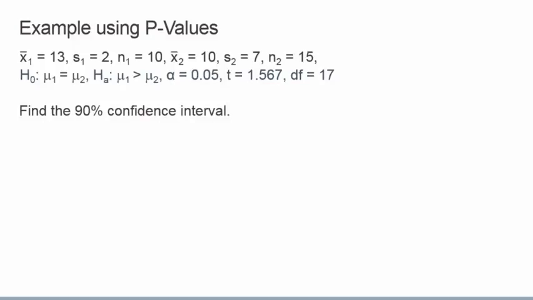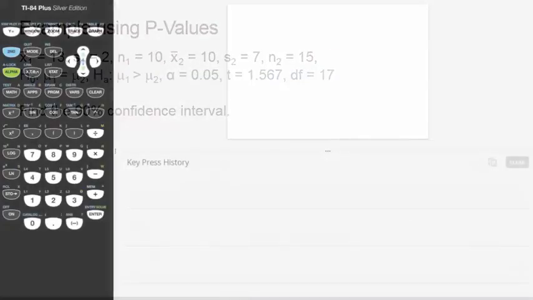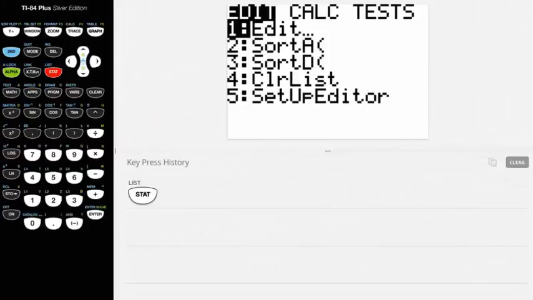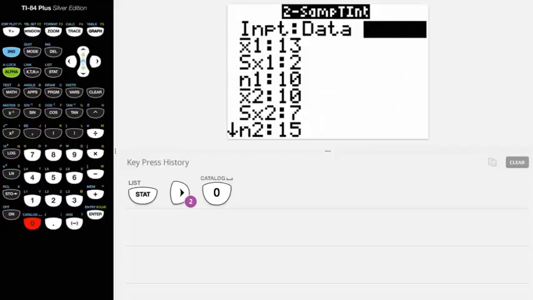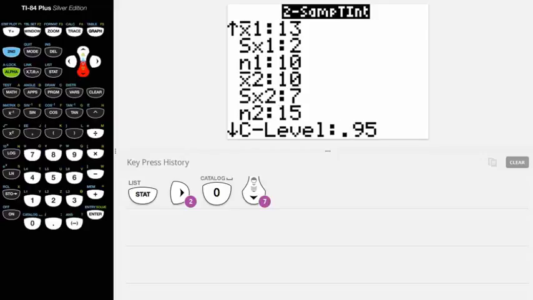Continuing with our example, find the 90% confidence interval. Going to our calculator, stat, over to tests. We want 0, 2-sample t-interval. We have statistics. It brought over our statistics, arrowing down to C level. The C level, our confidence level, is 90%, 0.9.